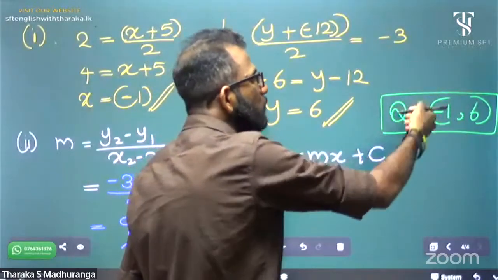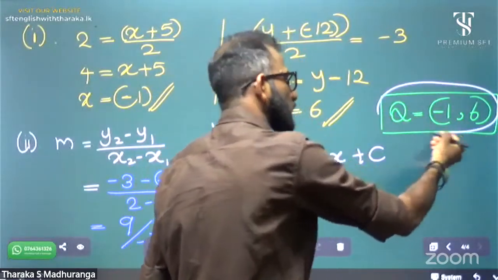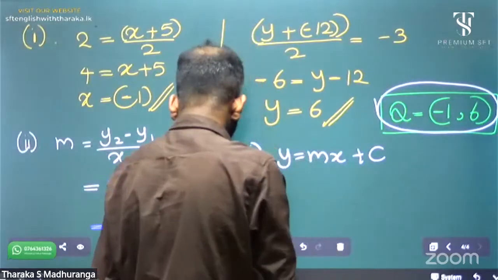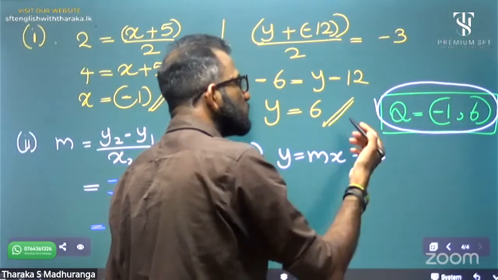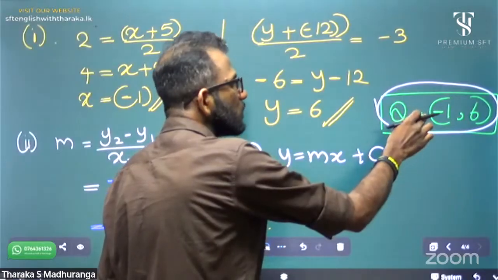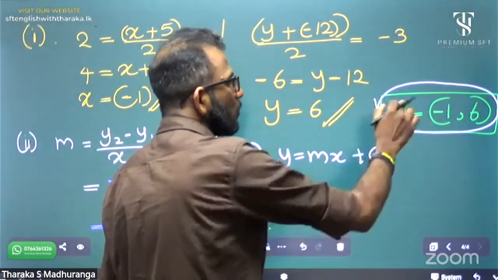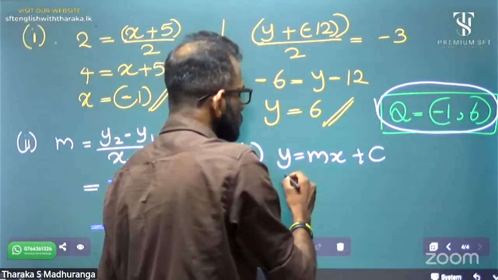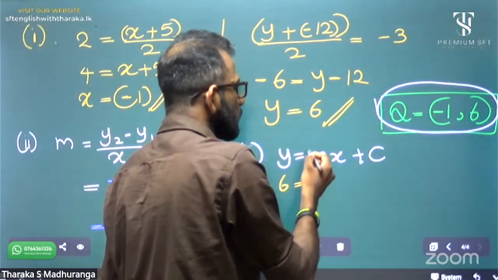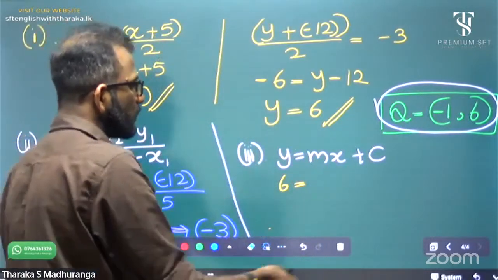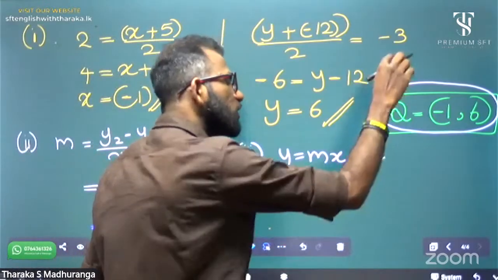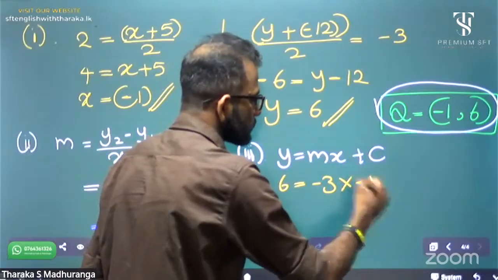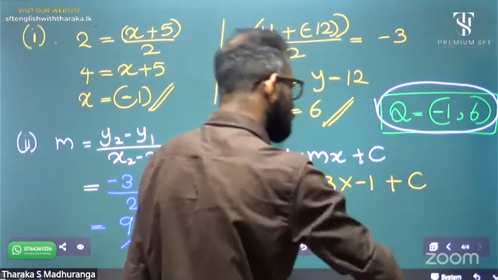Now I'm going to substitute the Q point coordinates that we found in the first question. The y value at the Q point, 6, equals the gradient you calculated, minus 3, into the Q point x value, minus 1, plus c, which you don't know.